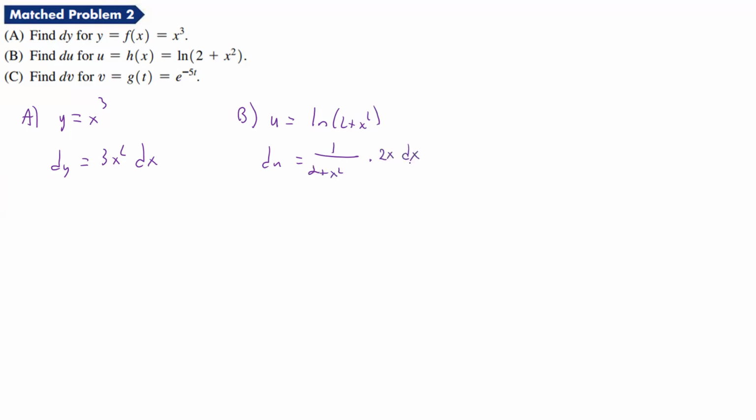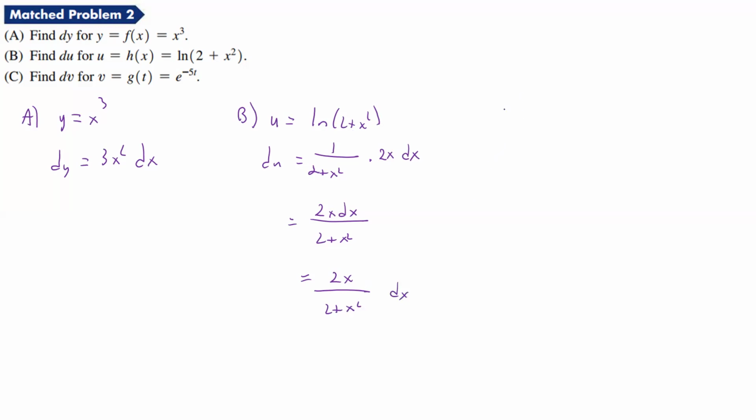And then we also have dx. And if we want to, we can say that's 2x dx over 2 plus x squared. We can put the dx out here. It kind of all depends on how you want to look at it, because this is also 2x over 2 plus x squared dx. So all those represent the same thing.